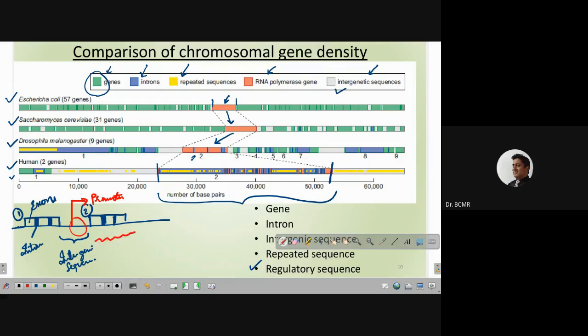And then this RNA will be used by the ribosome to produce a protein. The first step is being able to transcribe that gene. And for any transcription to happen, there should be a promoter. There are also additional sequences like enhancers and other things. All those sequences that are involved in the expression of that particular gene come under regulatory sequences.